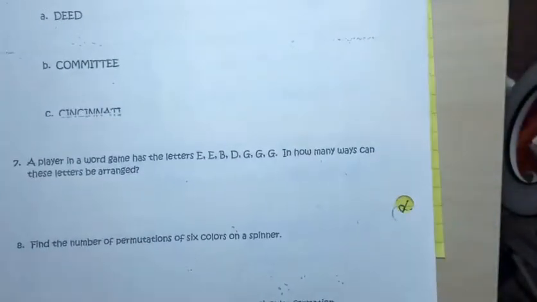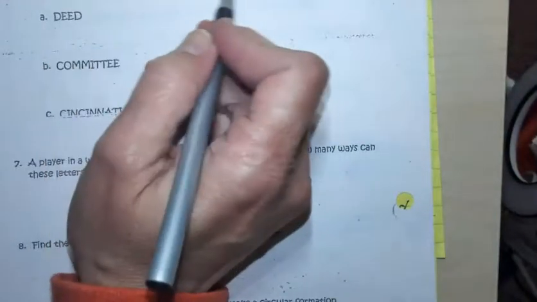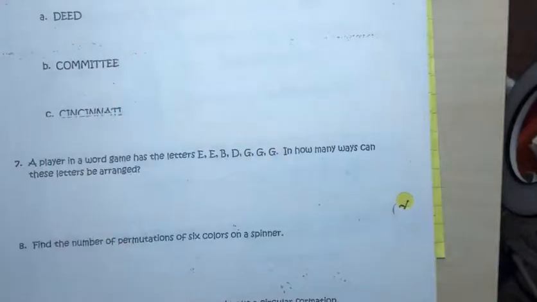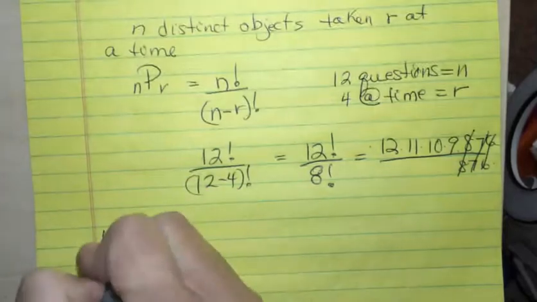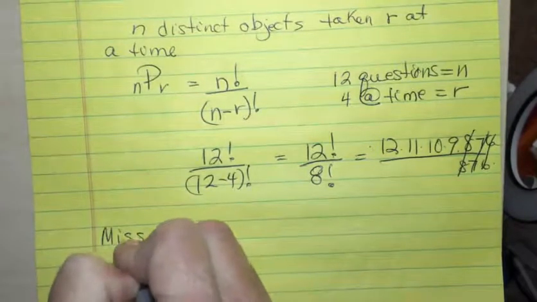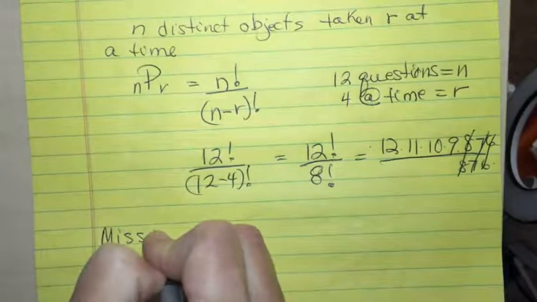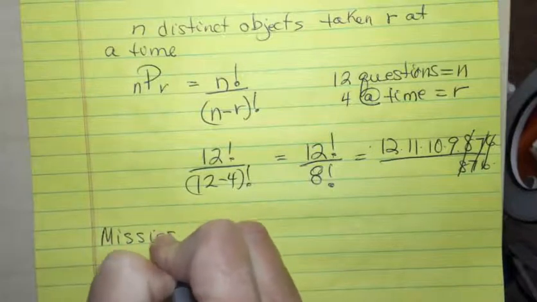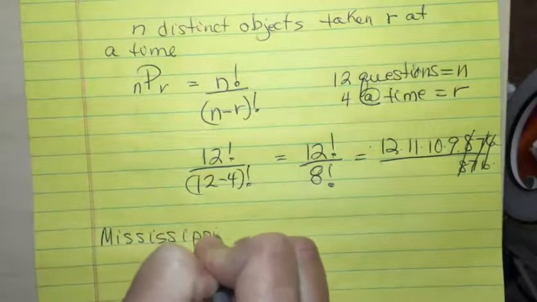Now we also have another case, and that is finding the number of permutations of letters of words when we have words that repeat, or we have letters that repeat. So I'm going to do an example with Mississippi. M-I-S-S-I-S-S-I-P-P-I.